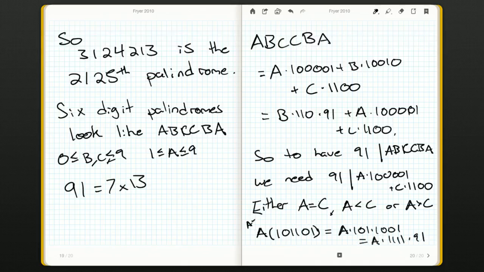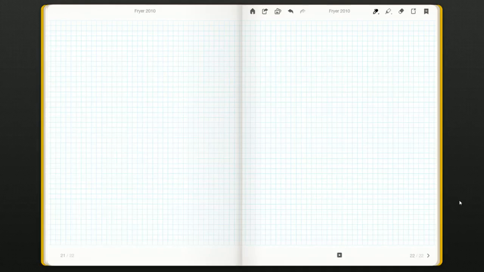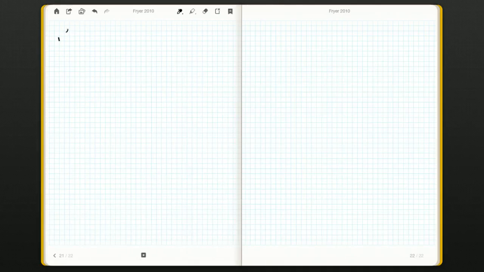So what is that? That's the A equals C case. Right? So we know that A0AA0A is divisible by 91.